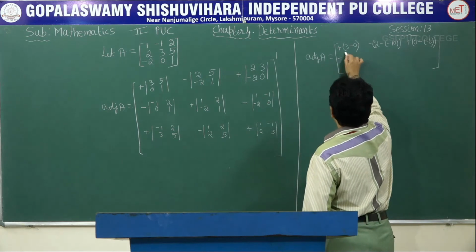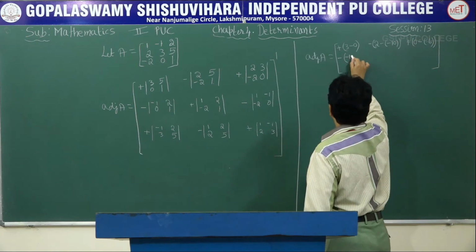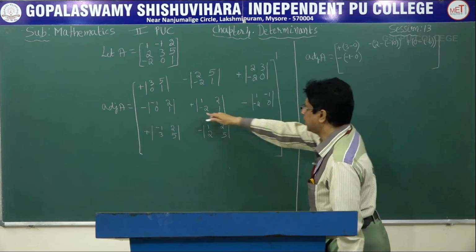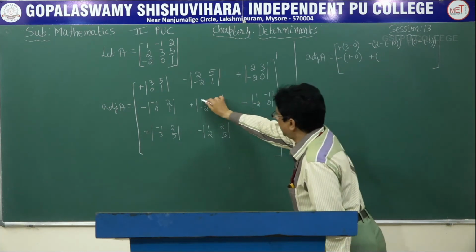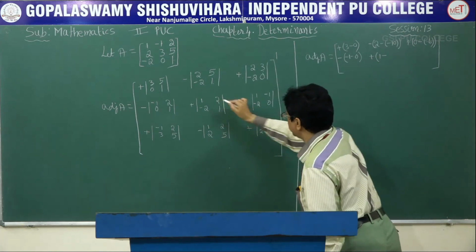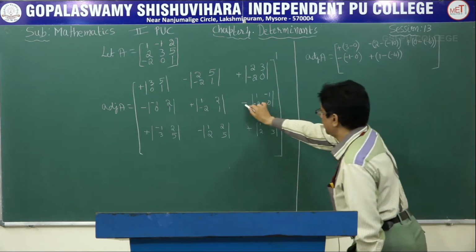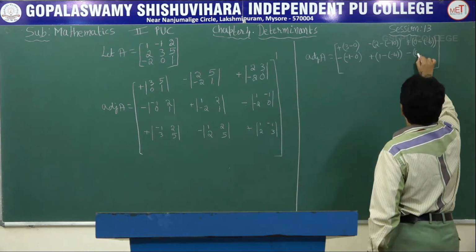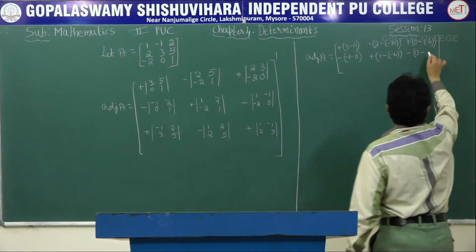Next, minus 1 into 1, minus 1, minus 0 into 2, 0, plus 1 into 1, 1, minus 2 into 2, it is minus 4, minus 1 into 0, 0, minus 2 into minus 1 is plus 2.